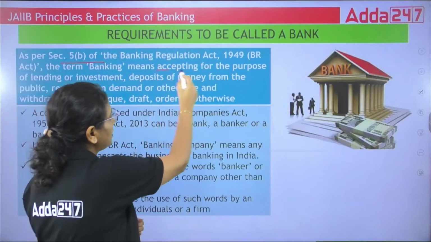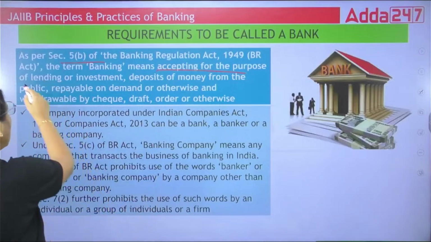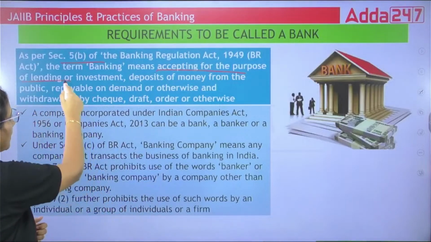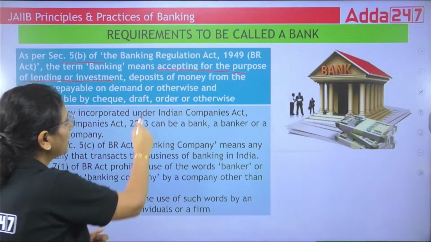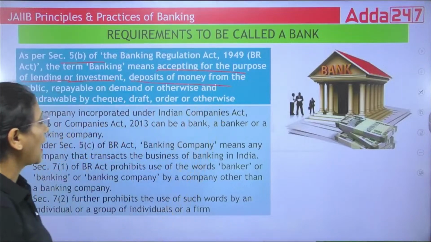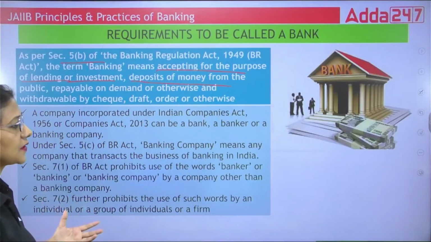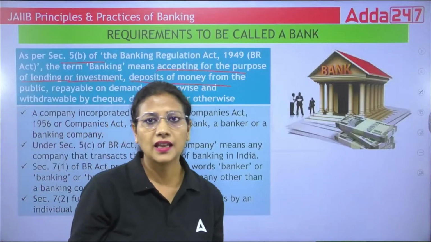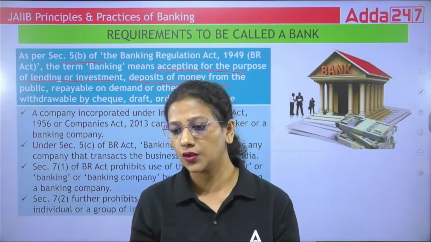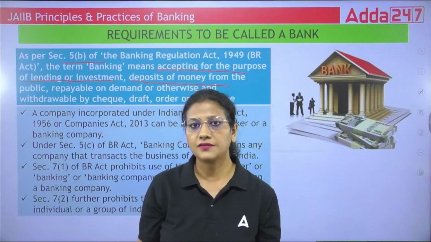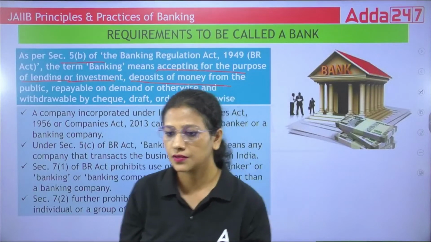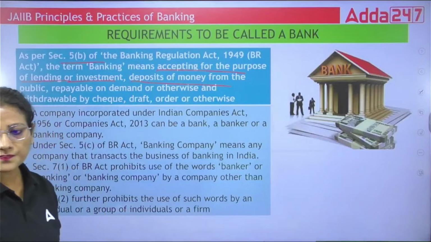For the purpose of lending and investment, we take deposits from the customers, and these customers who have given us deposits can withdraw their money only through withdrawal forms, draft, order, or check, or otherwise.